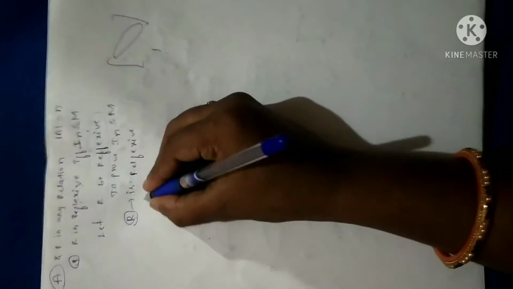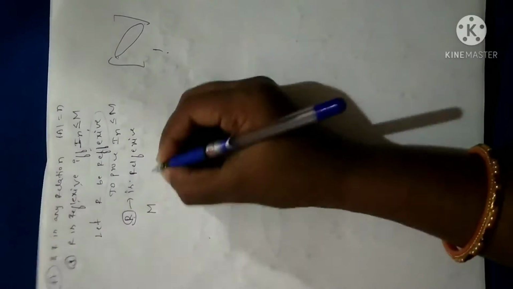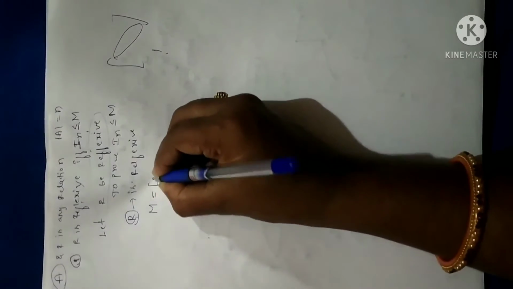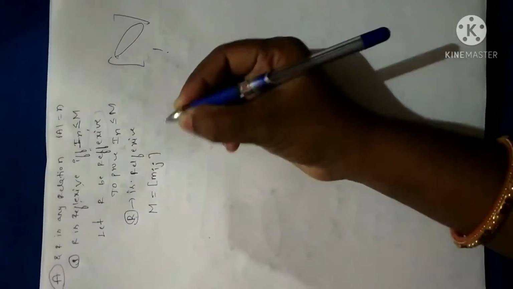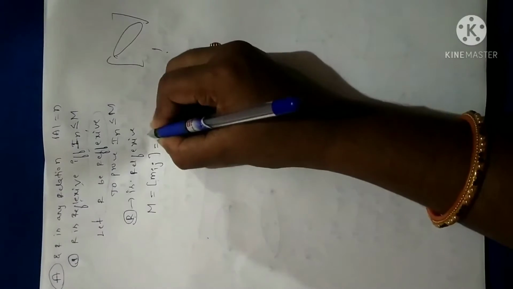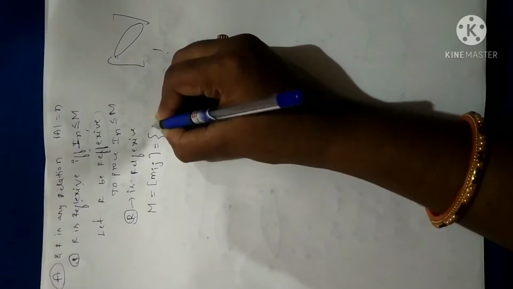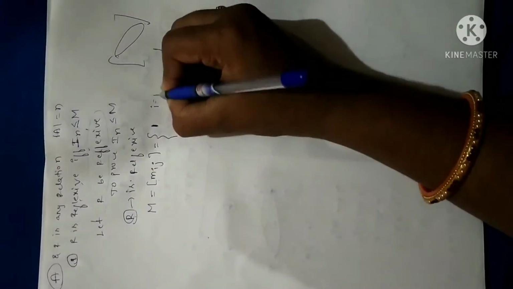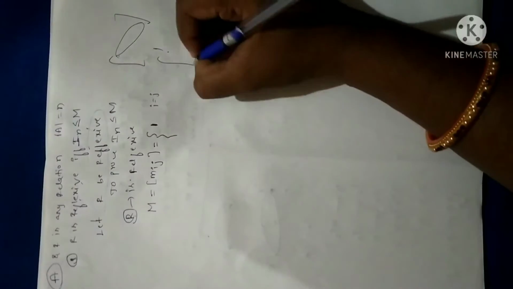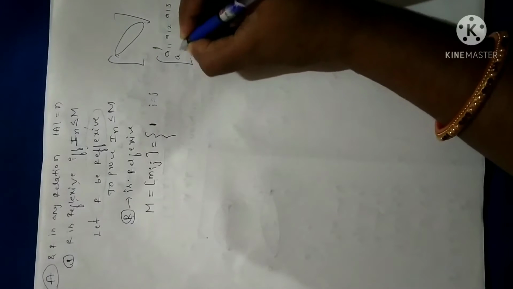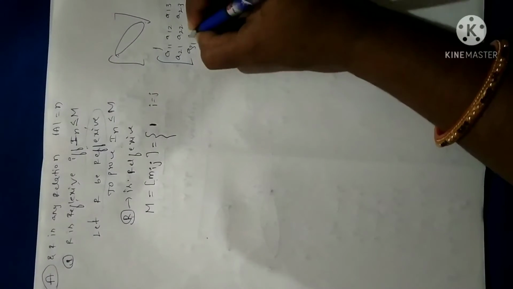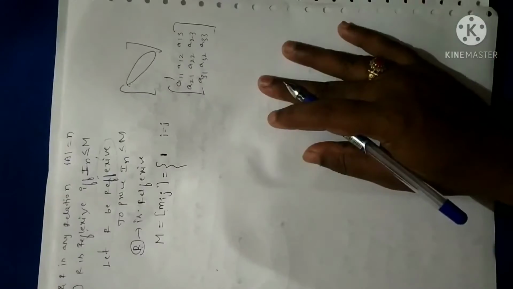Fine. So I can write in a matrix M, let me take elements as Mij. If it is reflexive, then in the matrix of relation, the element will be 1 when i is equal to j. Why? Because look at the matrix representation A11, A12, A13, A21, A22, A23, A31, A32, A33. This is how we are going to represent the matrix.